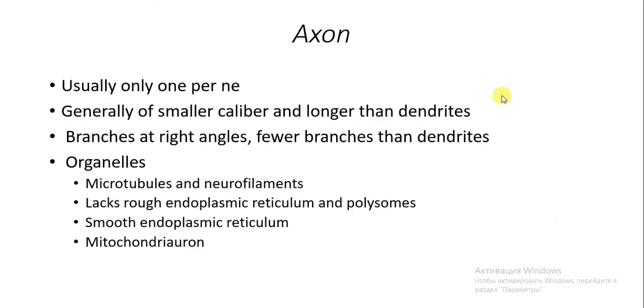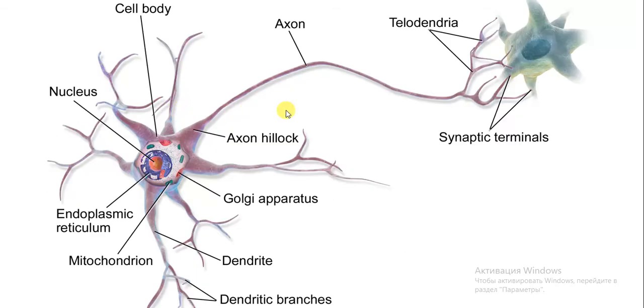Let's talk about another structure, which is the axon. Axon is usually one per cell. I said we'll discuss some exceptions, but usually one neuron possesses only one axon in most cases. And the axon is initiated from the axon hillock.